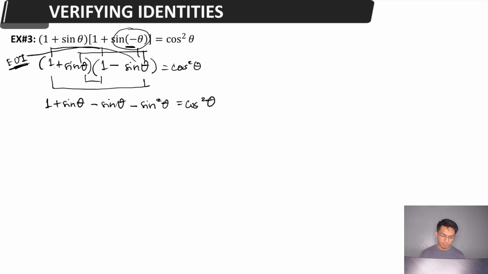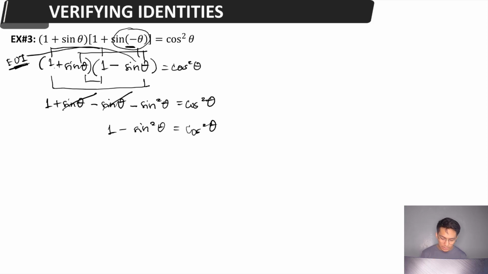So, again, we combine like terms. Ito, this is cancel kasi sin theta minus sin theta is 0. Matitira dito, we have 1 minus sin squared theta is equal to cosine squared theta. And kagaya na sinabi ko kanina sa guidelines natin, kahit pagbalik-balik na rin yung identity, siya pa rin yun.